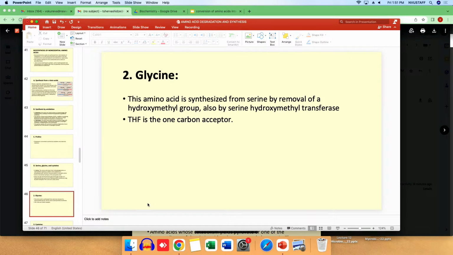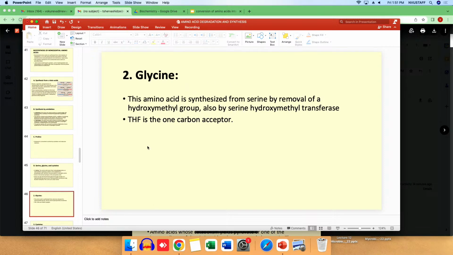Glycine. Glycine is the quite simple version of amino acid. It has nothing specific about it apart from its size, quite small, and it's not an essential amino acid.